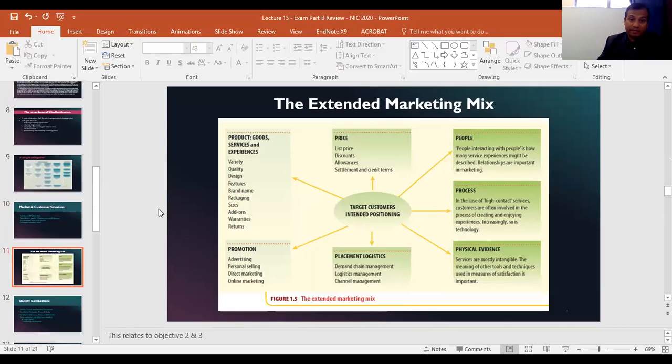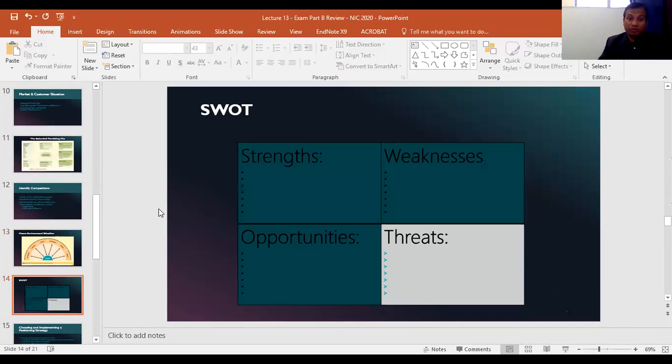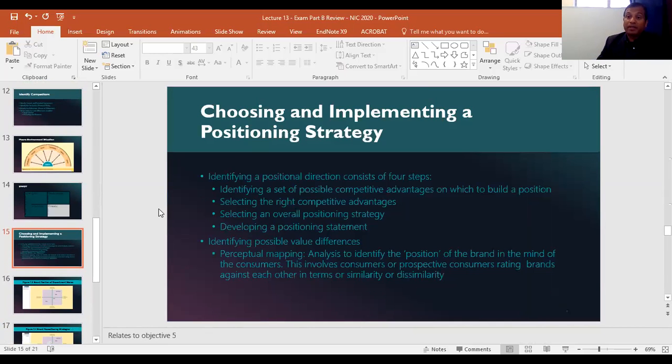For that, some of the key points you may think about: your arguments, your answer, your justification has to be around these four steps, like identifying the possible sources of competitive advantage, then identifying the right combination of those competitive advantages, selecting the overall positioning strategy, developing the positioning statement. So you can bring the discussion around this. And in terms of differentiation, identifying possible value differences.